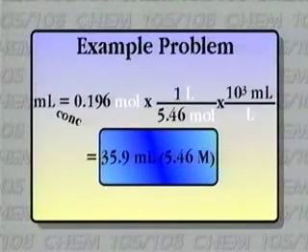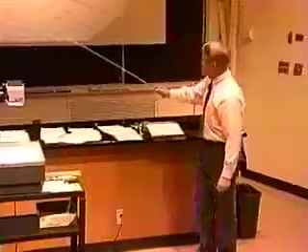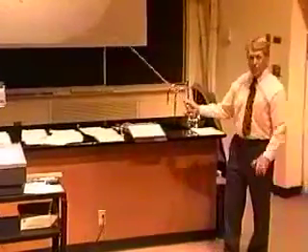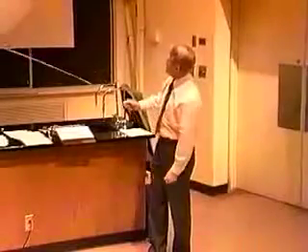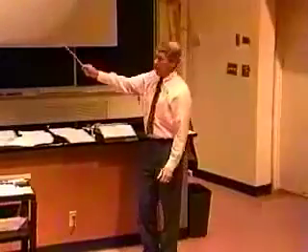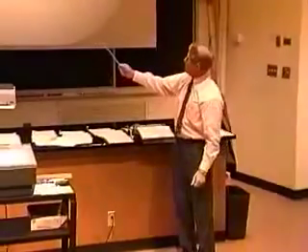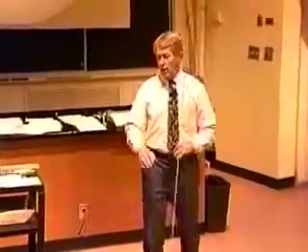In other words, if I were to measure out 35.9 milliliters in a graduated cylinder, dump it into a larger graduated cylinder, and add water until it reads 785 milliliters, at that point I have a solute concentration of 0.250 molar.